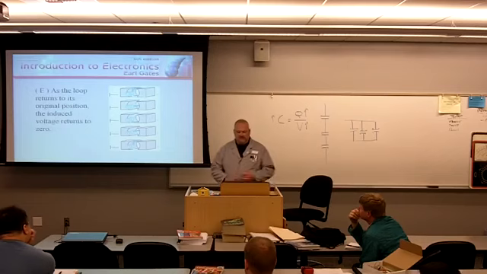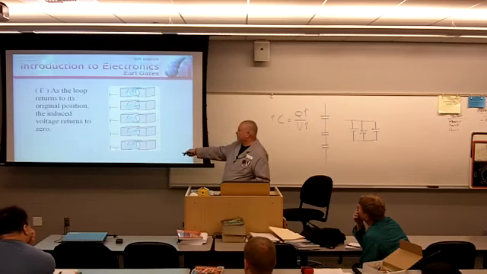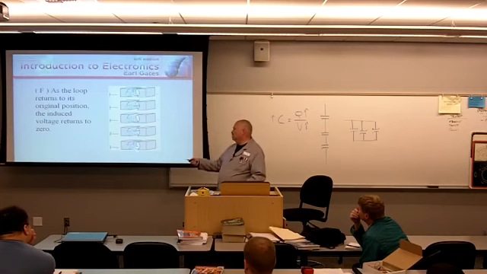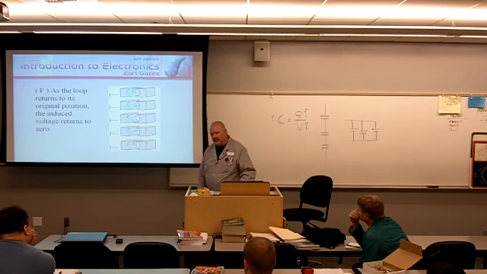And basically, as we rotate this armature through, we create the positive alternation, and then the negative alternation, and then we repeat the cycle. So how we rotate the shaft, it's really up to us.